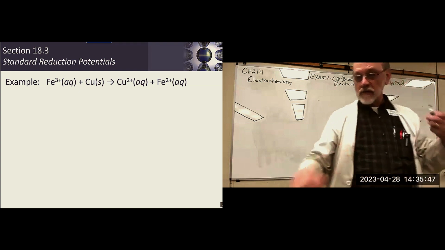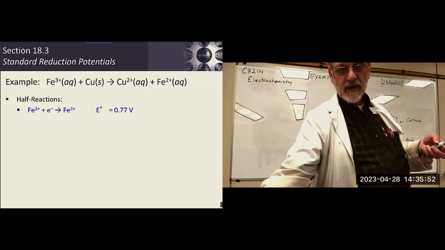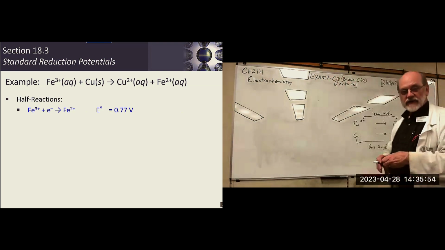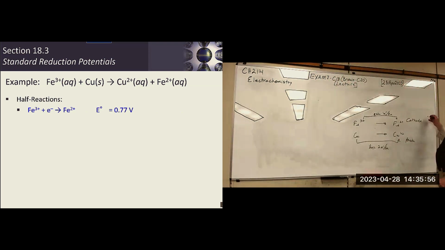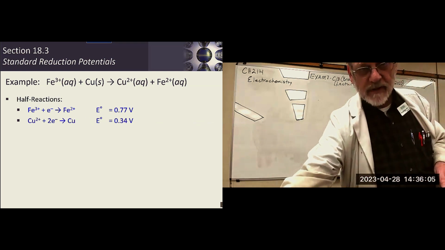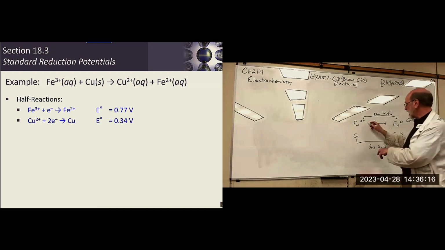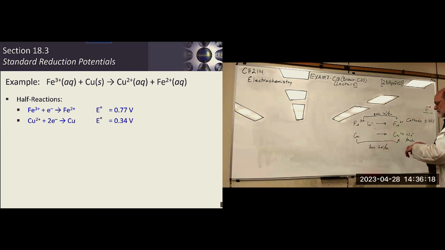All right. So if we want to calculate the standard potential, there are half reactions. This one is 0.77. And the copper is 0.34 if we write it as a reduction. So in this case, we have 2 electrons here, and here we have 1 electron.